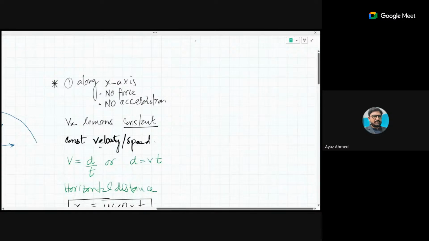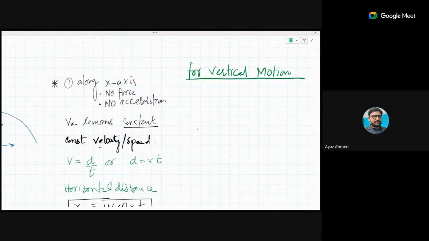But the problem is, as I told you, the problem comes across vertical motion. For vertical motion, from the throwing position, the object has maximum velocity uy, which is equal to u sine theta, and at the highest point, vy goes to 0.